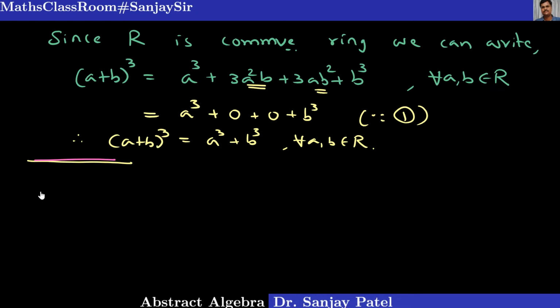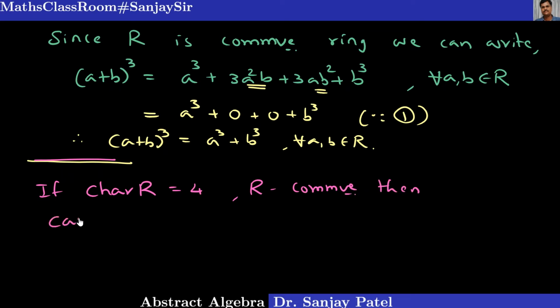Can I say if characteristic of ring is 4 and R is commutative ring, obviously let us take commutative, then can we have a plus b raised to 4 is equal to a raised to 4 plus b raised to 4? Then answer is no, it is not always true.